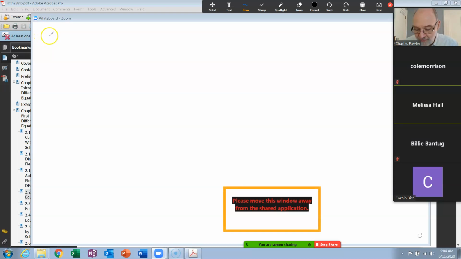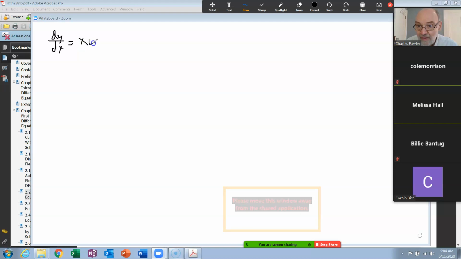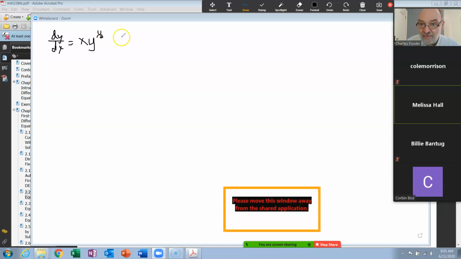Okay, that's the differential equation. The initial condition is y at 0 is equal to 0.